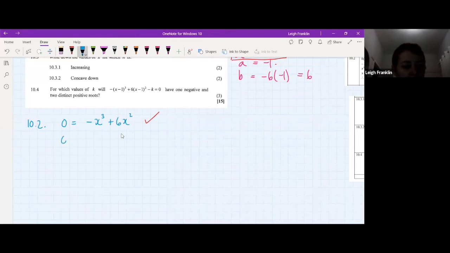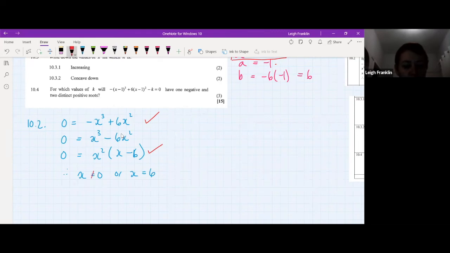If we divide it through by -1, not that we really need to do that, but it just makes it easier for us to factorize. We're going to take out our highest common factor, and we end up with x equals 0 or x equals 6. So I'm sure there would be a mark here for factorizing.